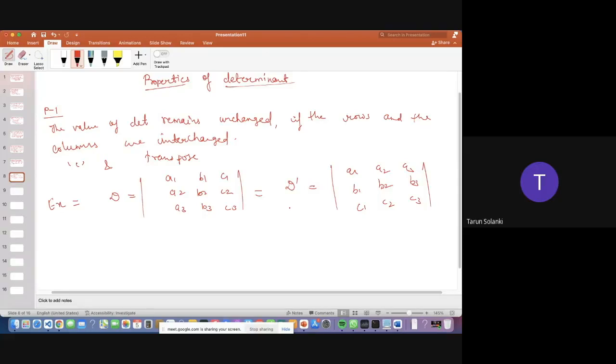Since the determinant remains unchanged when rows and columns are interchanged, any theorem which is true for rows must also be true for columns. Got it? So it was the first property. Here D dash equals D, so D and D dash are the transpose of each other. Correct?